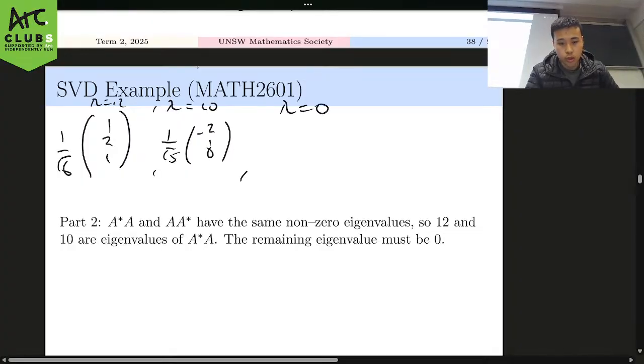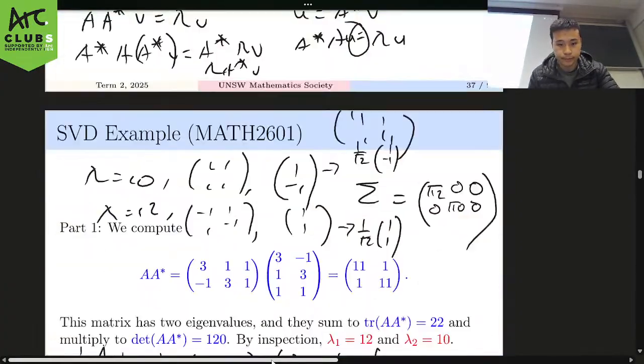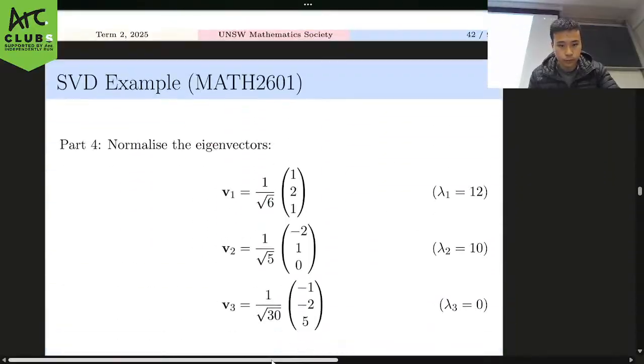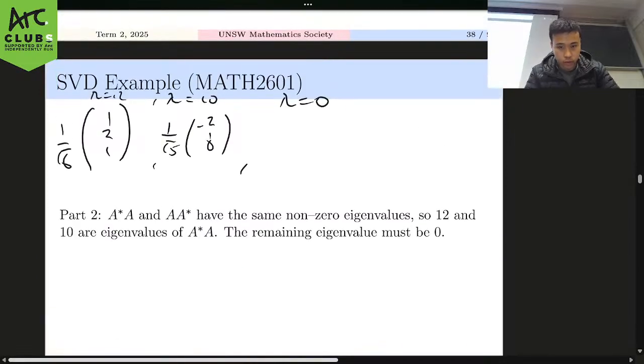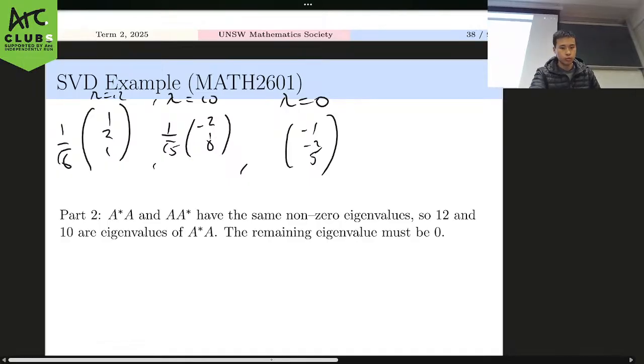Finally, lambda equal to 0. Where is it? Okay, negative 1, negative 2, 5. So 25 plus 5 is 30, so 1 over root 30. These will form my V's essentially.